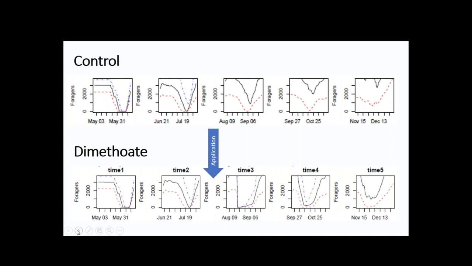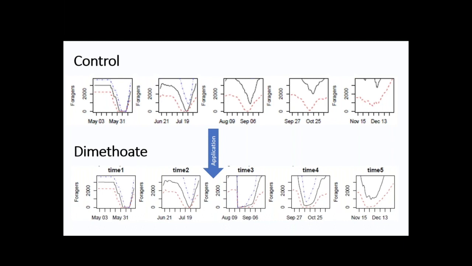And if you look at the bottom row, that's dimethoate results. Now, dimethoate was chosen because that's a typical positive control for bees, as many in the audience, I'm sure, are aware. Essentially, the first two blocks or figures are before the application occurred, and you can see this blue arrow that represents when the application occurred.